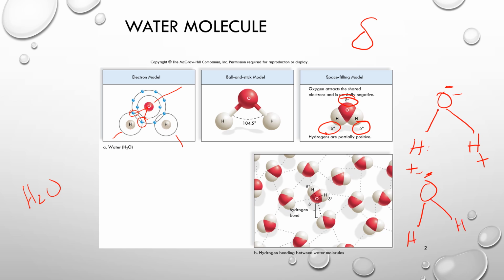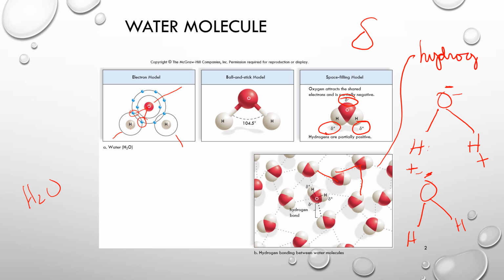The red represents oxygen, the white is hydrogen. So this hydrogen is attracted to that oxygen and this one to it. And so water is attracted to other water molecules. Those connections between the hydrogens and the oxygens of one molecule and another are called hydrogen bonds.